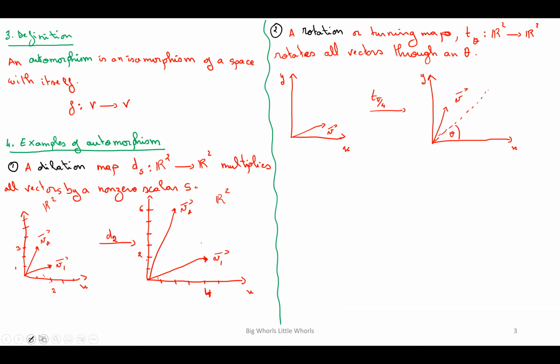We call it pi over 4, not theta, even though they are the same. So pi over 4. This is our new V. So basically that is the end of this first section, section A.